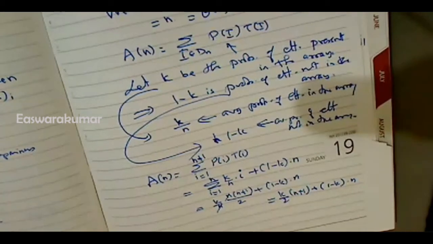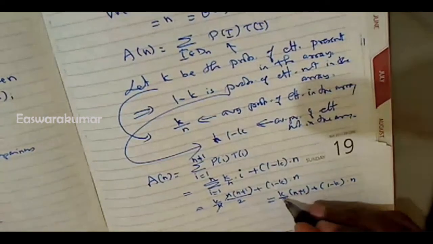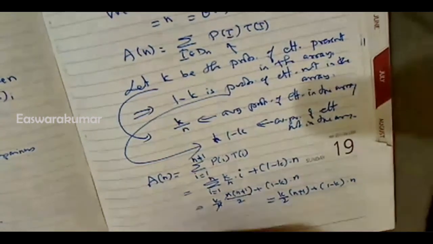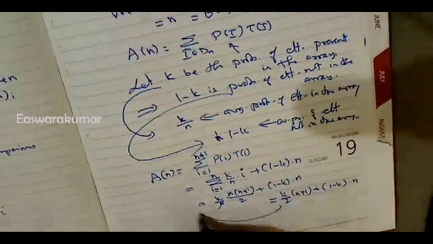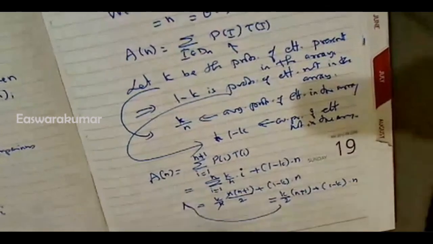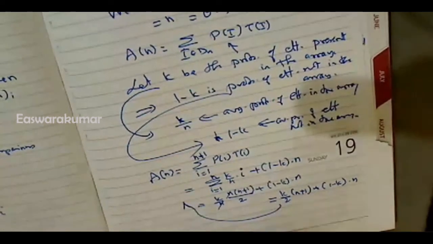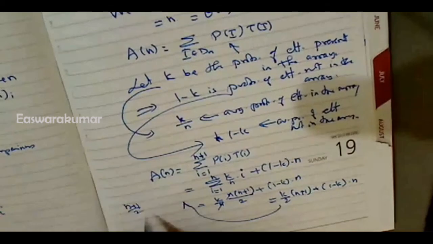So if you make this assumption, what is the value of k? k is the probability of the element being in the array. We assume that the element is surely in the array, so k equal to 1, because it's the maximum probability. If you substitute k equal to 1, this is 1 by 2 into n plus 1, so n plus 1 by 2.